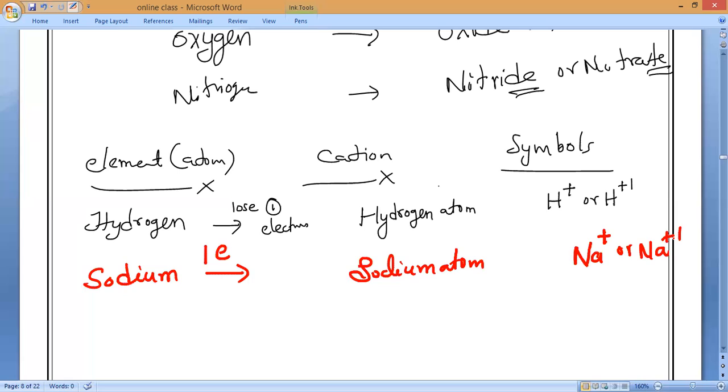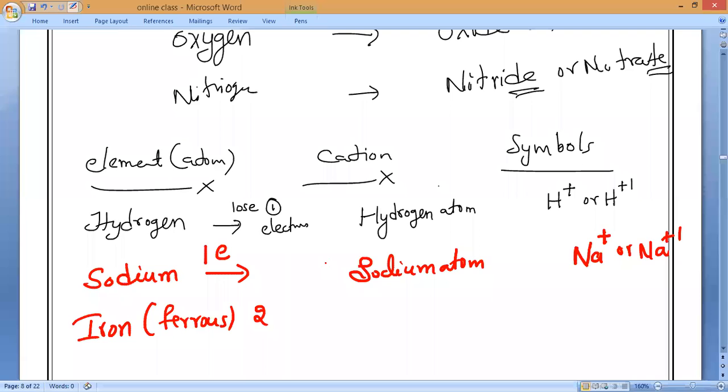Please remember that. Now, in the same way, if we take, for example, iron. If I consider it as ferrous, because it is a variable valency, it will lose 2 electrons.